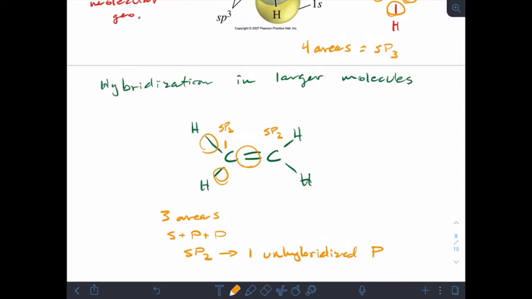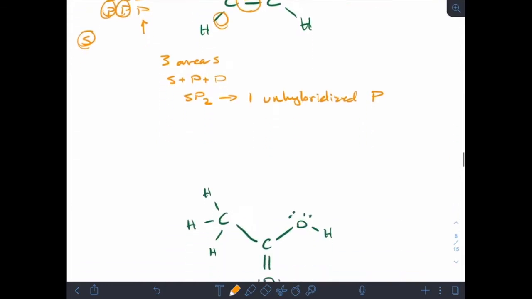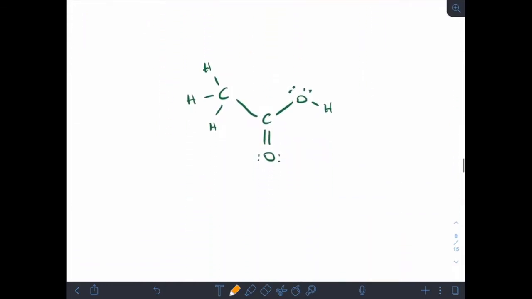We've got an S and we've got 1, 2, 3 P's. And if I combine 1 S and 2 P's, that means I've got 1 left over that is unhybridized. And guess what? That unhybridized p orbital is what's responsible for that extra bond. We'll get to that in a second with a better drawing.